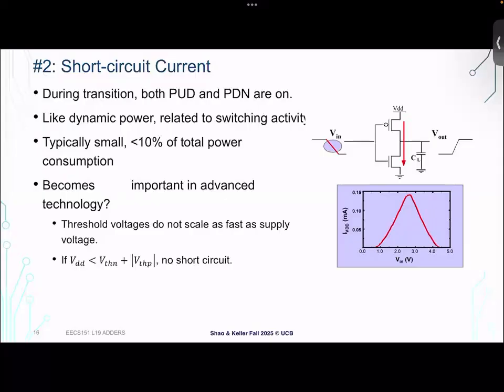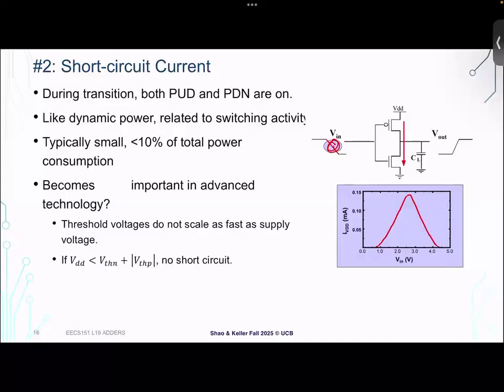However, there's an exception to this, which is what about when the input is halfway through switching, right? It's right in the middle of that voltage region. Say the input is VDD over 2, when the input transition is halfway between 0 and 1, or 1 and 0.